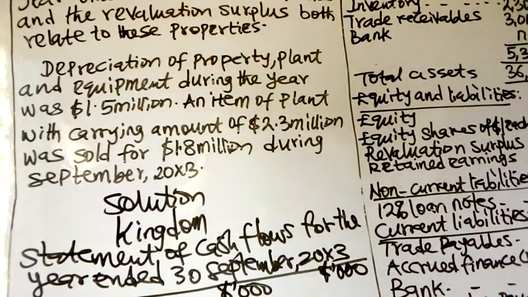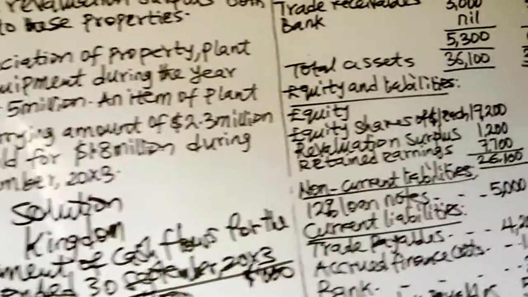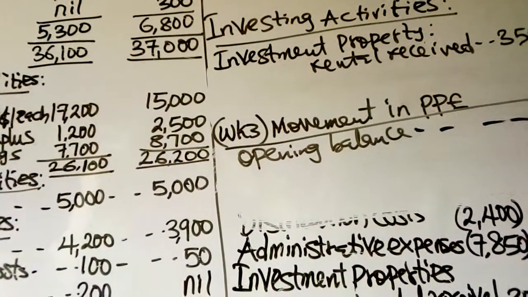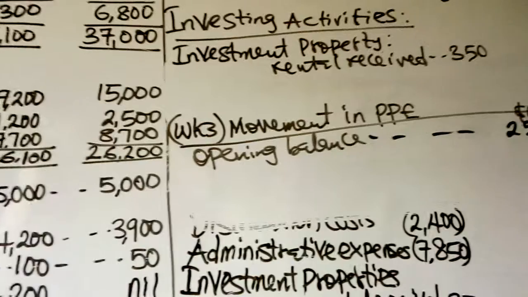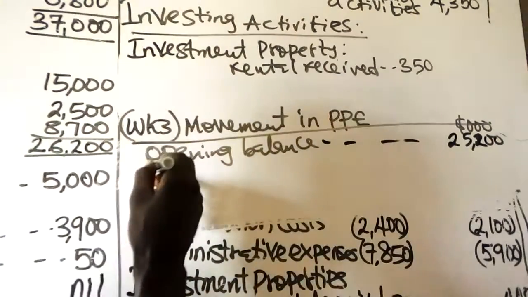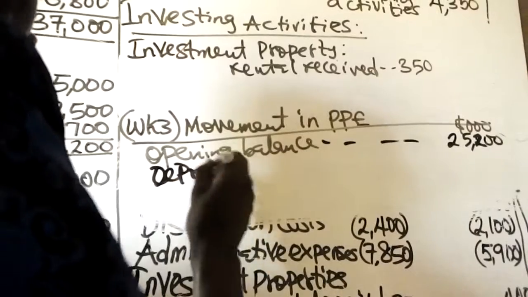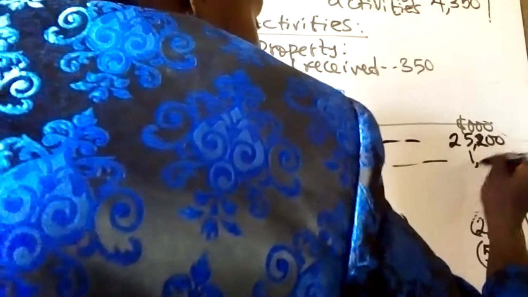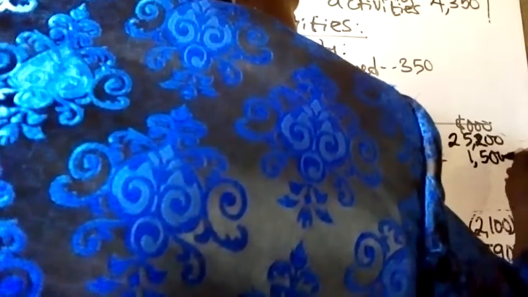Since depreciation will bring about reduction, you are going to subtract the depreciation of 1.5 million from our property, plant, and equipment.